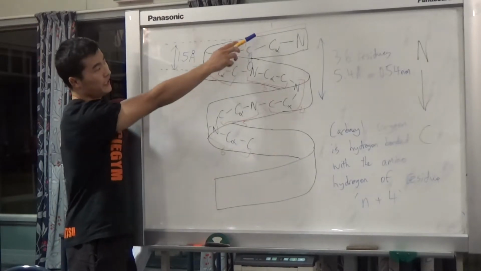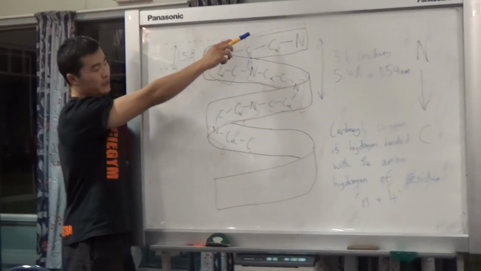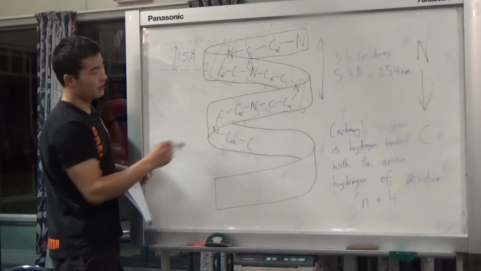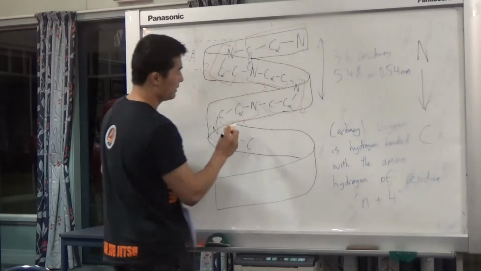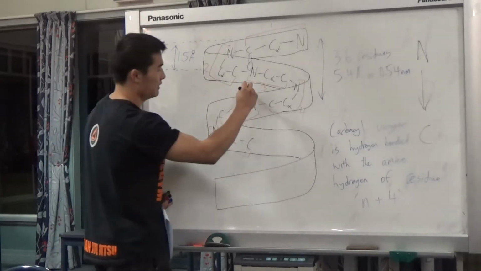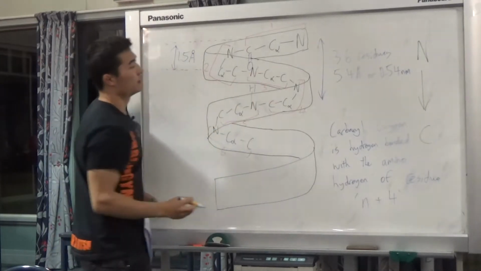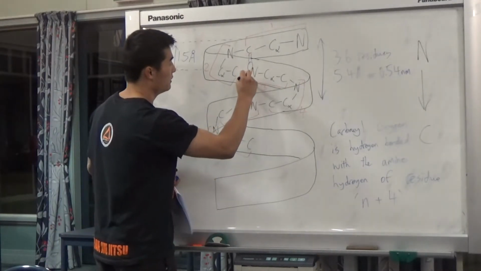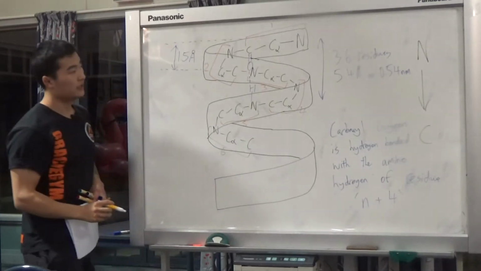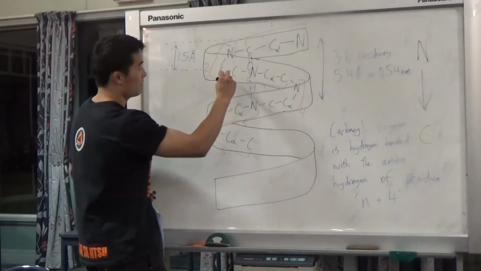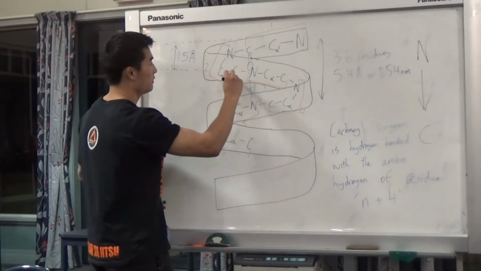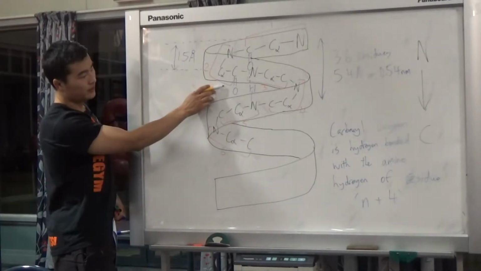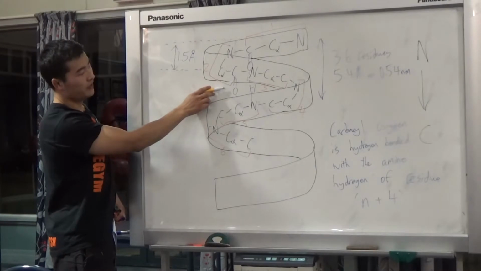So if N is 1, then it would be residue number 5. So it's going to be bonded to the hydrogen of this residue number 5, the nitrogen. So you'd have your hydrogen bond here, right? And then residue number 2, the carboxyl group will also have an oxygen pointing down, and that's going to be bonded with N+4.